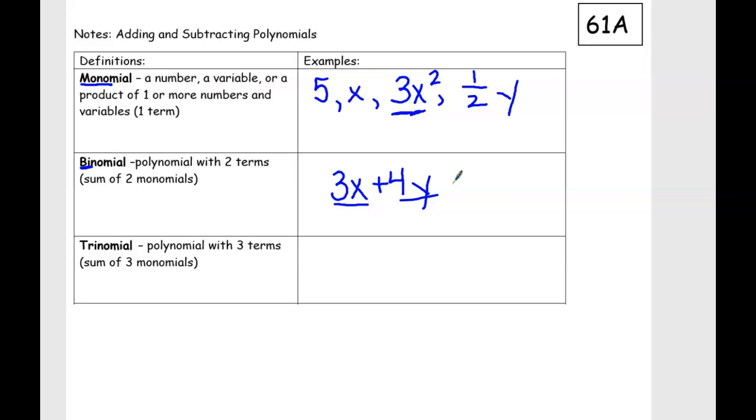You could add a negative. A trinomial is a polynomial with three terms. An example would be negative 7x squared plus 3x minus 1. Notice we have three terms, and in between them we're either adding or subtracting. A polynomial with three terms is a trinomial.